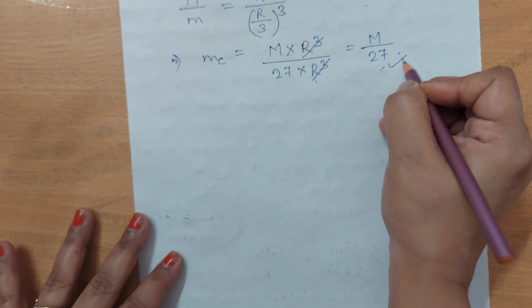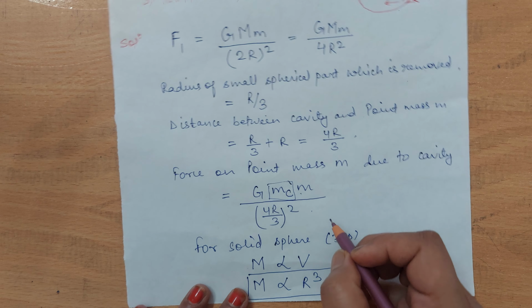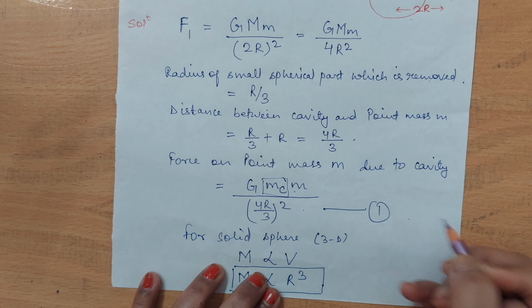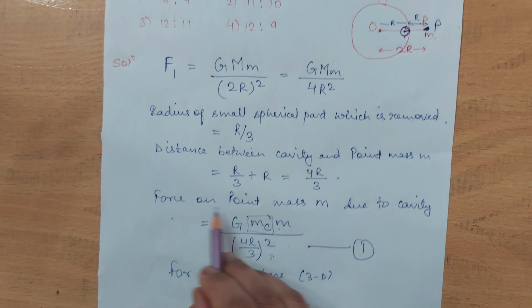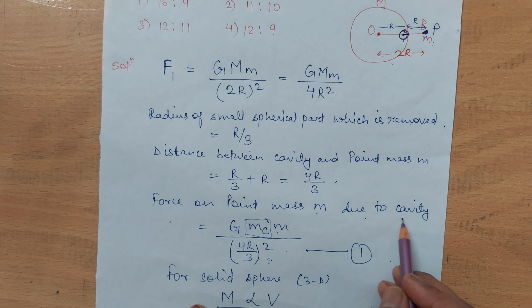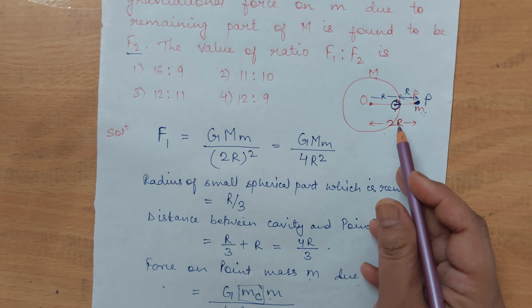We will put this value in equation 1, and by putting this value we can find out the force on point mass m due to the spherical part which is removed.